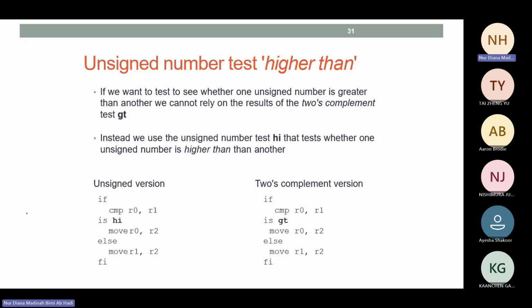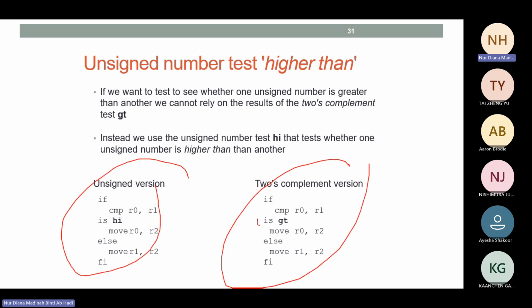If you want to test whether one unsigned number is greater than another, we cannot rely on the two's complement tests, so we do not use GT. Instead, we use the unsigned number test HI, which tests whether one unsigned number is higher than another. So the unsigned version and the two's complement version differ in the condition part. One uses HI, one uses GT.